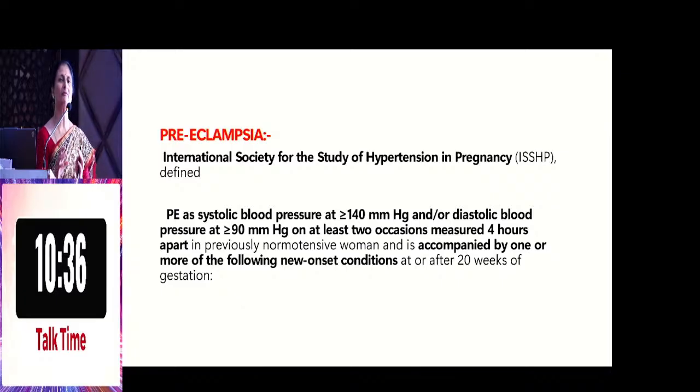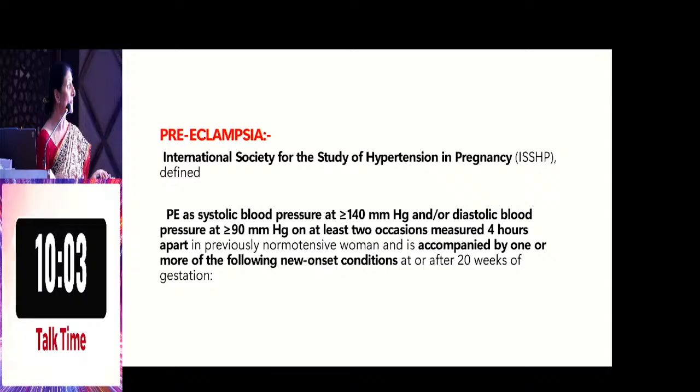Today we will concentrate more on preeclampsia, because this is the condition which is taking the most toll. Even today we are losing patients day in and day out because of this condition. The International Society for the Study of Hypertension in Pregnancy definition we know: systolic blood pressure of more than 140 millimeters of mercury and diastolic blood pressure of 90 millimeters of mercury.